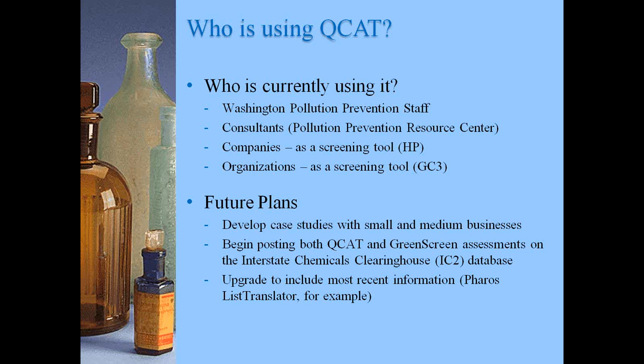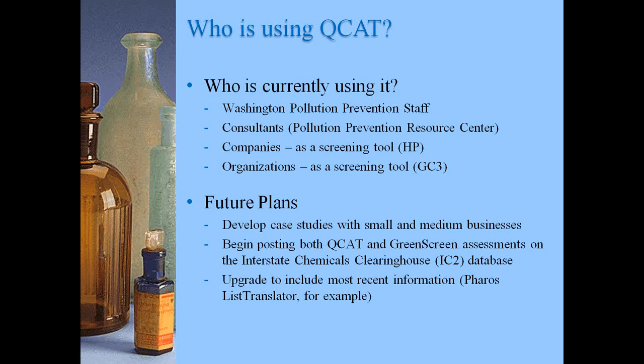I also mentioned there are new data sources, new information coming from the European Union, which would make the job easier as well. One thing that we are doing, which is really exciting, is that the Interstate Chemicals Clearinghouse, which is an association of 9 states and 1 local community to share expertise and resources, we're actually going to start posting in that database QCAT and Green Screen assessments.